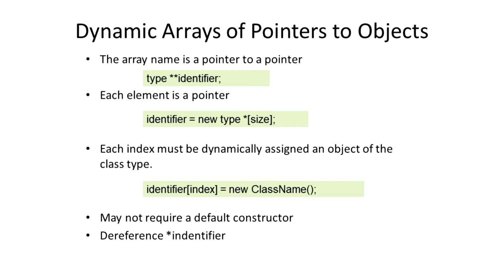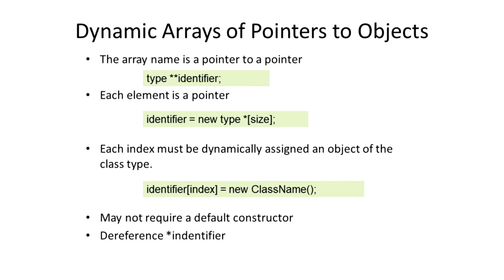So therefore, we had to set up a pointer to point towards that array which stored objects. But here, in this case, we actually want to create an array on the heap which holds pointers to objects.